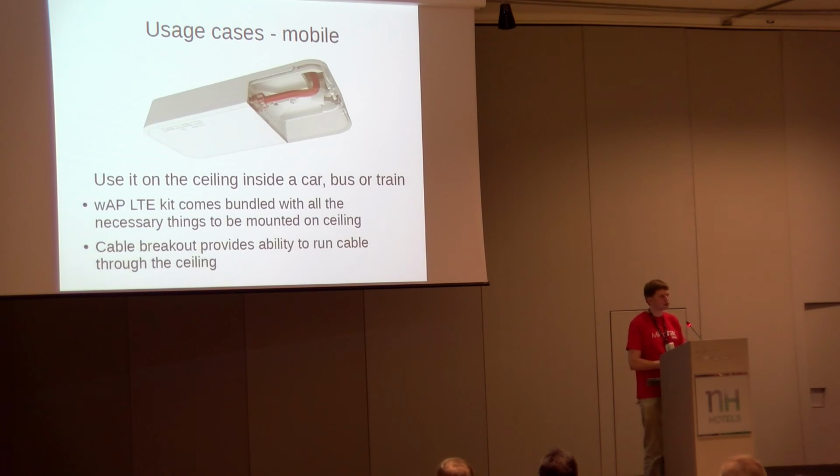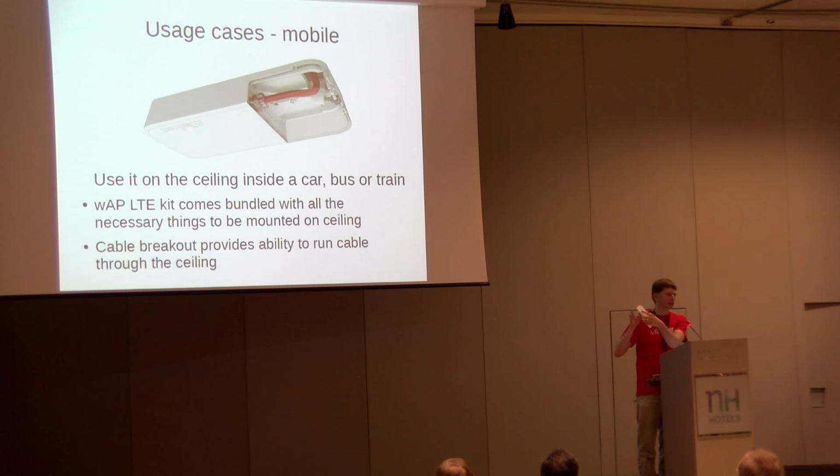So what could be the usage cases, how to mount it? Everybody, I hope, knows how to mount a regular WAP board, but just a reminder that each of those WAP boards has a special place where you can mount using this hole.